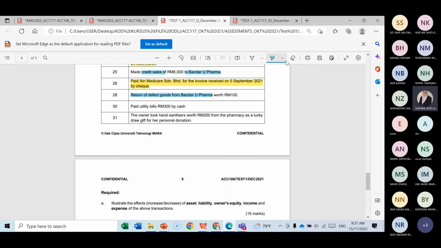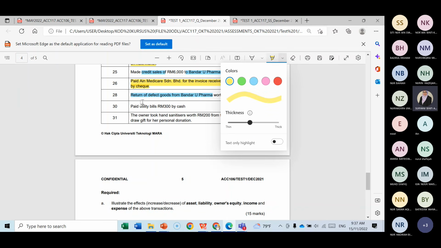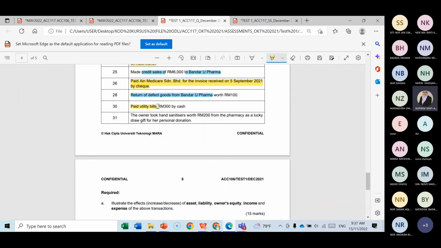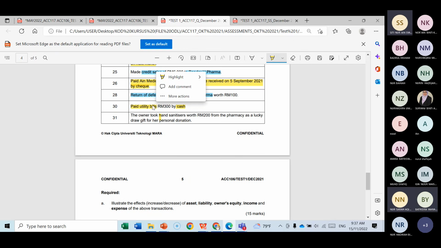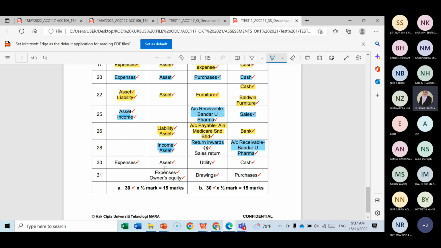Paid utility bills by cash. The keyword here, paid the bills by cash. So what does it mean? There will be increase in expenses and decrease in asset. Do you agree with me, class? Yes, madam. So let us look.